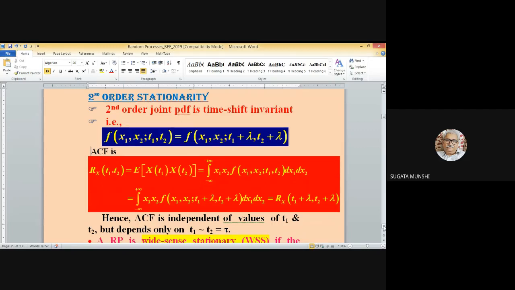Under such a condition, when you have the second order stationarity, and consequently also first order stationarity, we say that the random process under consideration is wide sense stationary. So wide sense stationarity means that the ensemble averages will be independent of time. The autocorrelation function should not be a function of t1, t2, but should depend only on the difference between t1 and t2.